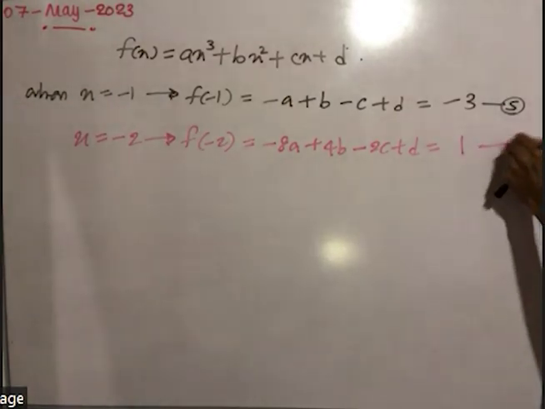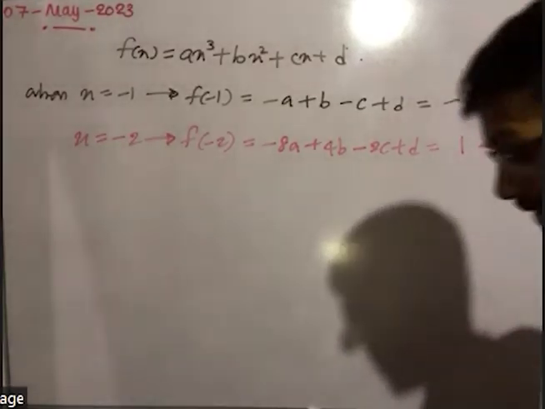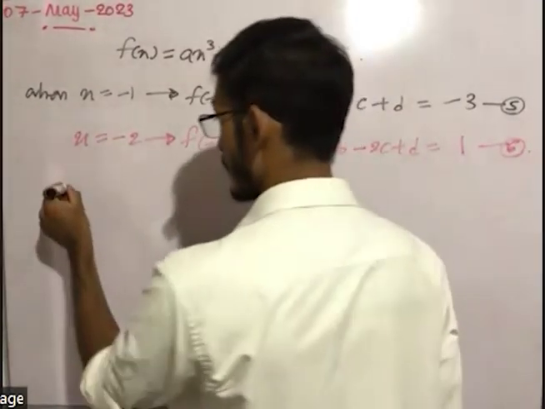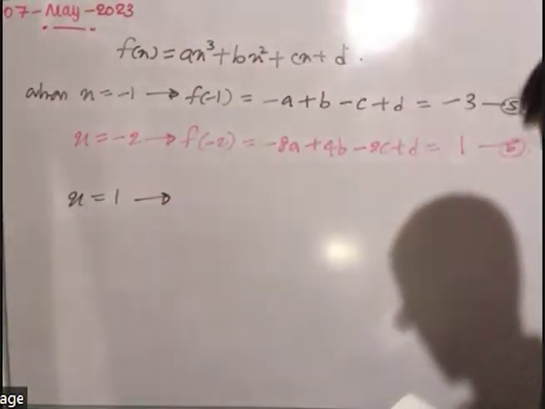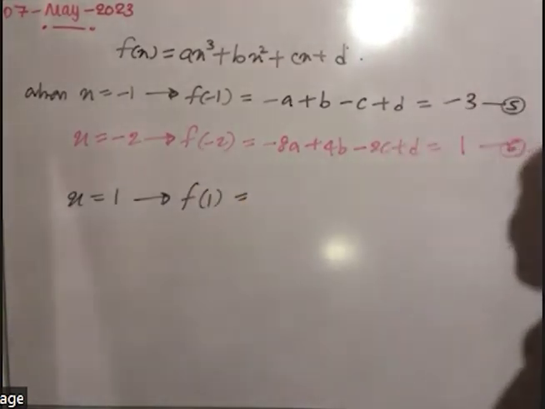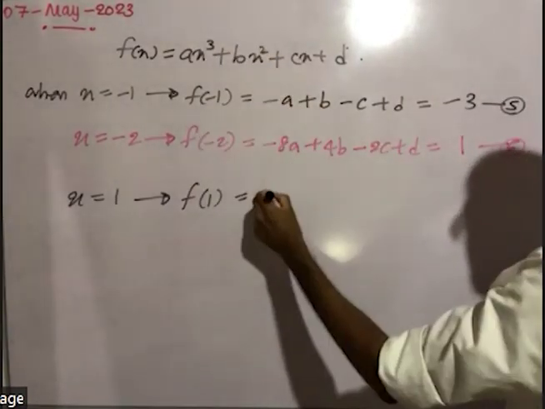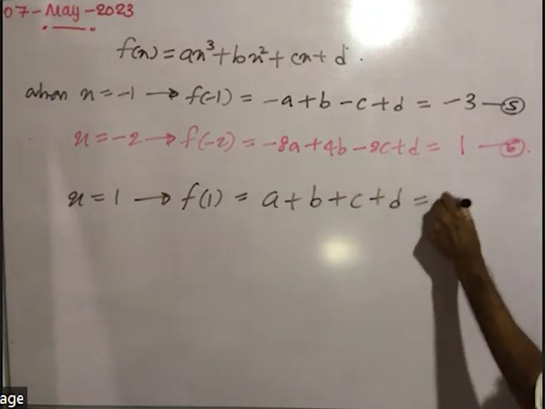I will take this as number 6. Then when x equal to 1, we know that f(1) is equal to 0. We have found the value. So substitute 1 here: a plus b plus c plus d, that is equal to 0.